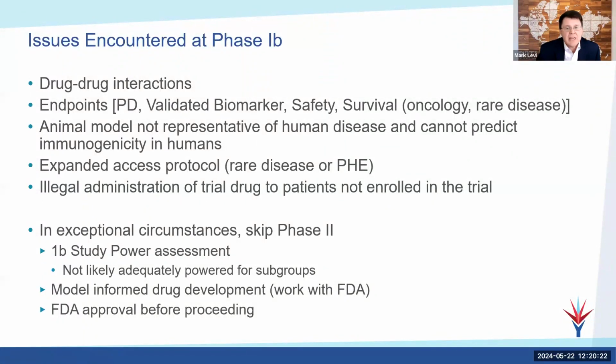It has its benefit in that in some cases you can cut about 2 years off of your development plan, but you have to think long and hard about doing it. You have to decide to try that before phase 1b, because the 1b has got to be powered, and you've got to have a large enough 1b trial that you can go to pivotal, and you have to have your investors put up money then for the 1b.